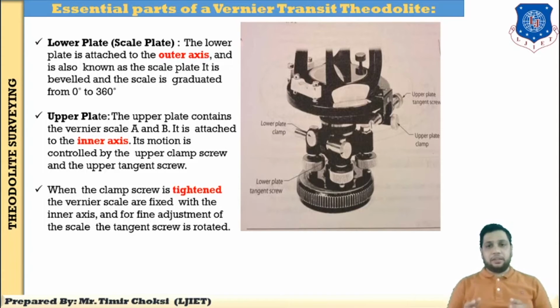So when the upper clamp screw and lower clamp screw are tight, the theodolite cannot move in any direction, and only the tension screws are used for fine adjustment of the scale while taking the reading.